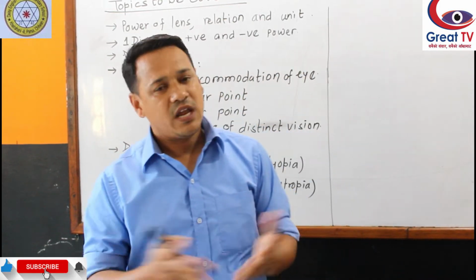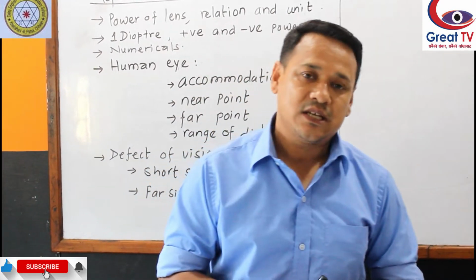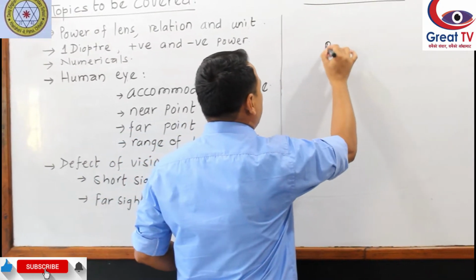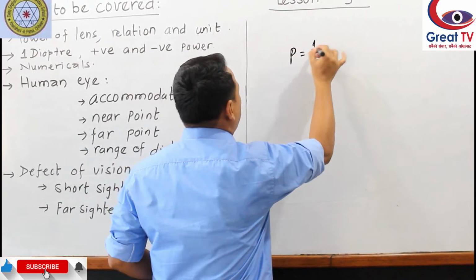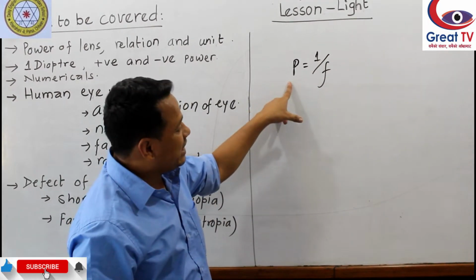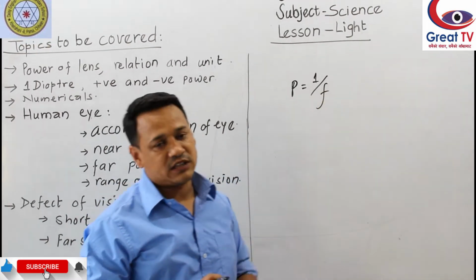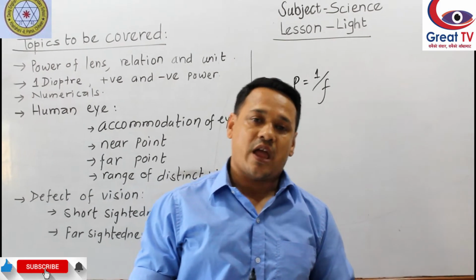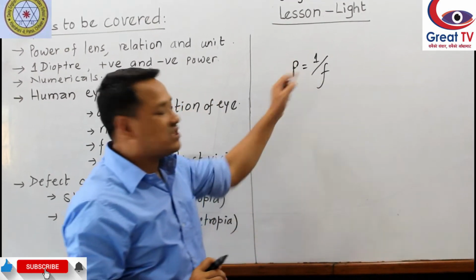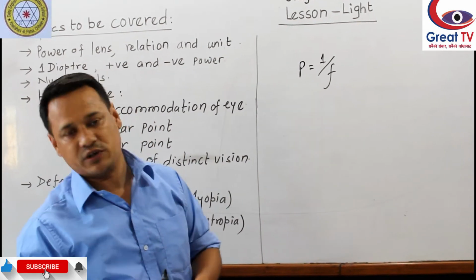So mathematically P equals 1 by F. Power of lens is the reciprocal of focal length, and focal length is expressed in meter. This is a very important question for your exam.